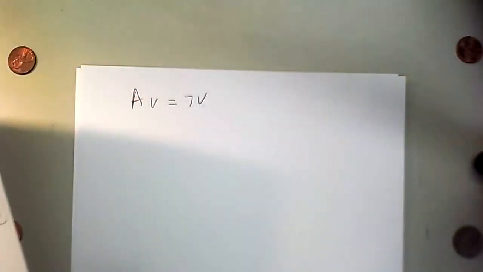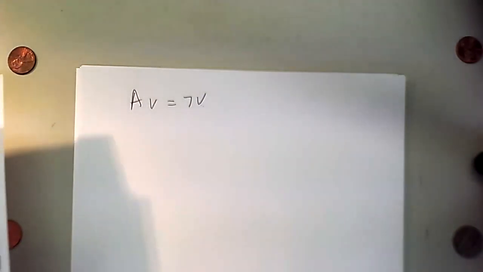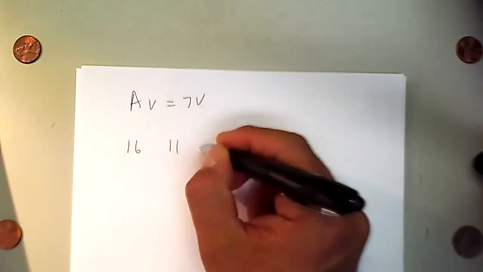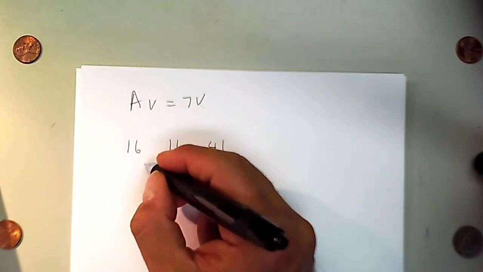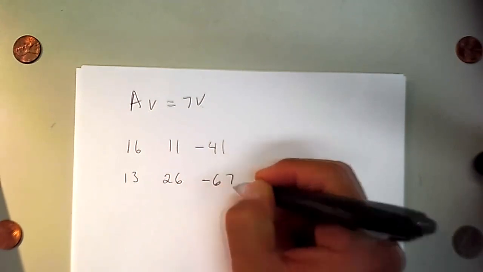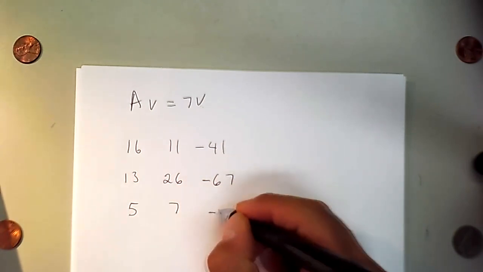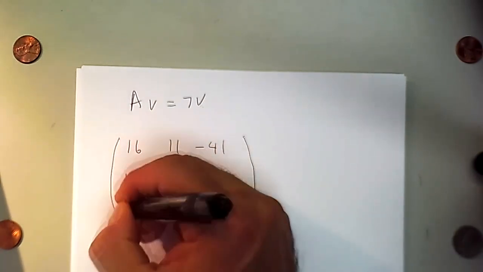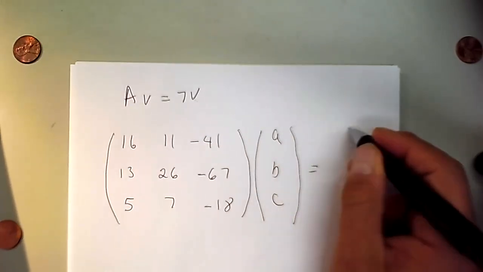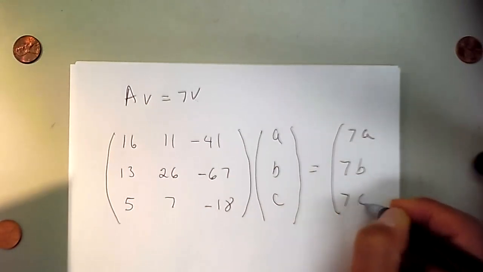Oh, we need to know A. So how do we go about doing this? A is 16, 11, negative 41, 13, 26, negative 67, 5, 7, negative 18, and we want to find a vector A, B, C that gives us 7A, 7B, 7C.